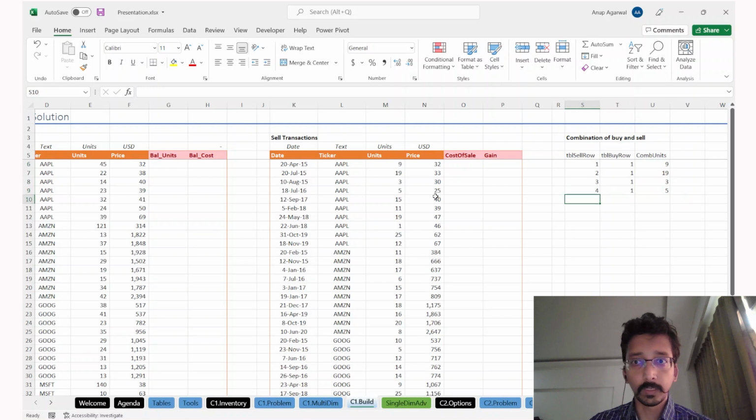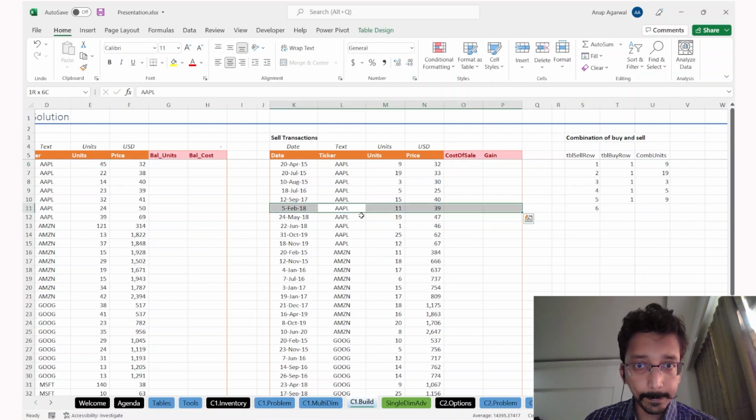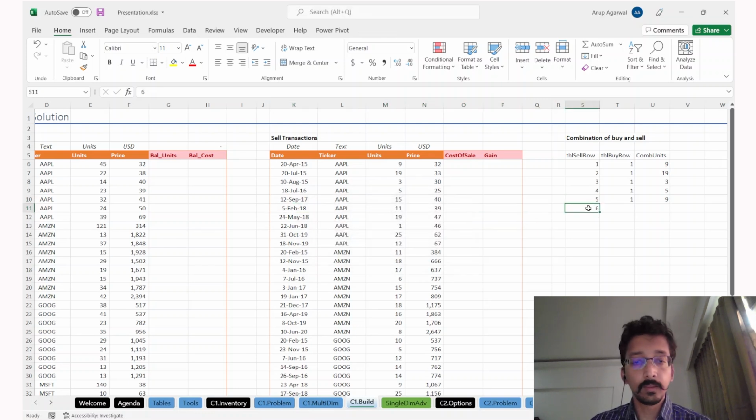So we have 36 units sold, and then the fifth sale also comes from the first one, and now we have a balance of 9. So all the 45 units of this are exhausted, and then the sixth sale, which is this one, part of it comes from the second row.